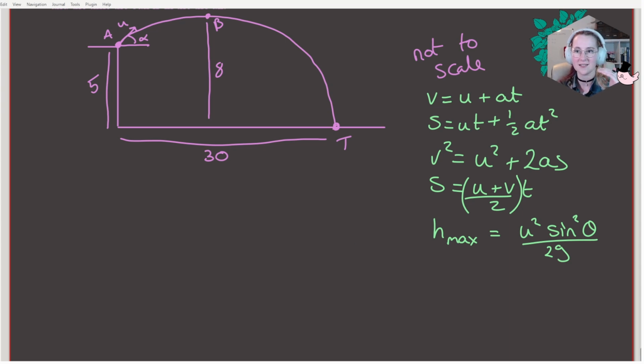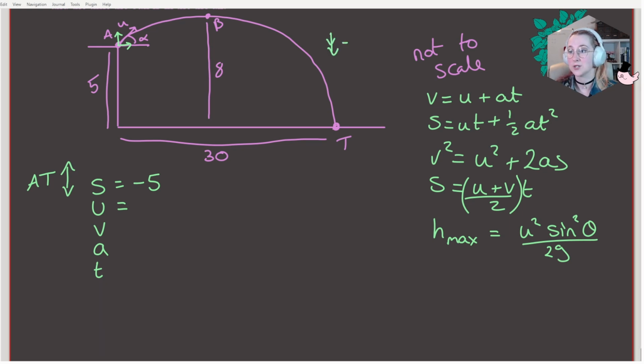So I'm going to say that this is our origin. Okay, so A is our origin, which means that B is actually negative vertical height. So if we do from A to B, the vertical SUVAT, we have a displacement of -5. We have our initial velocity again. The other thing we always need to do is gravity working downwards.